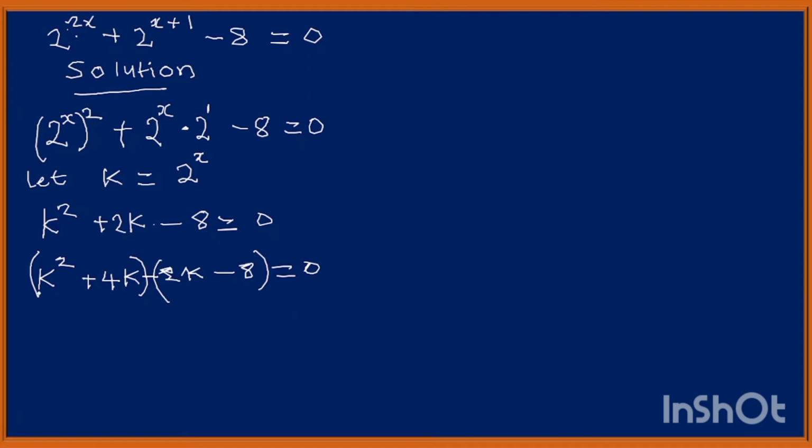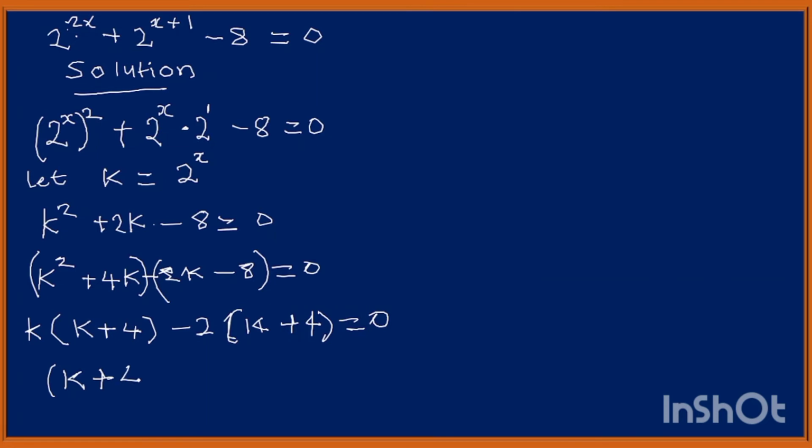So what is common between k^2 and 4k? That is k, giving k(k + 4). What is common between −2k and −8? That is −2, giving −2(k + 4). So we have (k + 4)(k − 2) = 0.